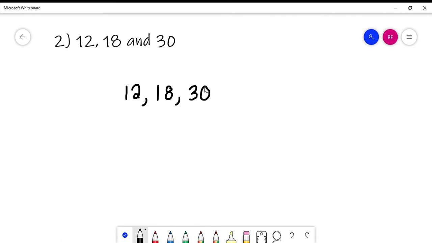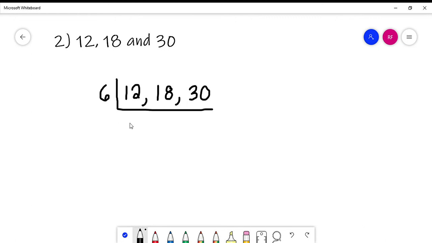Like I said, you don't need to find a prime number that can be divided into those three numbers. For example, since 12, 18, and 30 are all multiples of 6, I can divide them by 6.